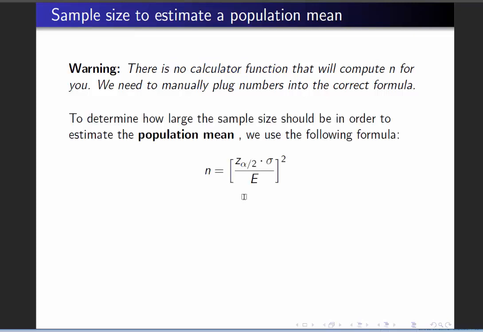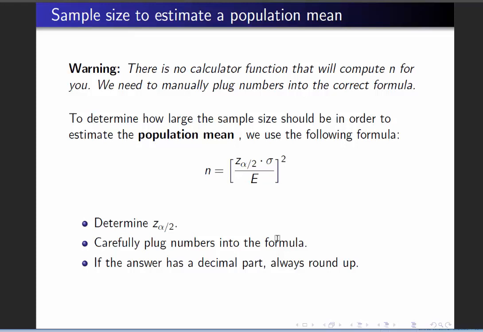To determine how large the sample size should be in order to estimate the population mean, we use the following formula. We have Z of alpha over 2, which is associated with your confidence level. We have sigma, divide by E, this whole fraction squared, okay? And what is the general strategy for solving problems of this type?